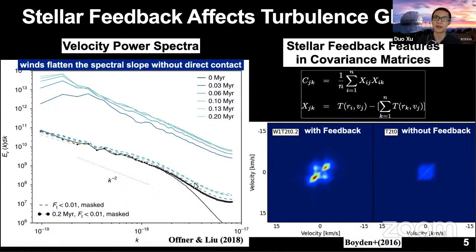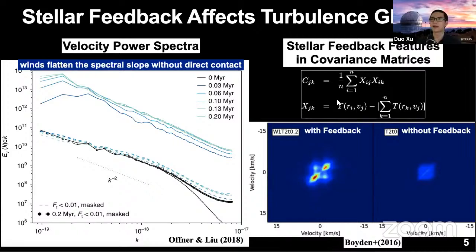And also here, we compare the gas where there is no direct contact with feedback. So that indicates energy can be injected to larger scales without direct connection. It can be transferred by magnetic waves, for example.